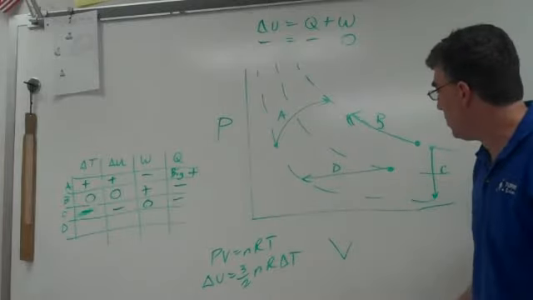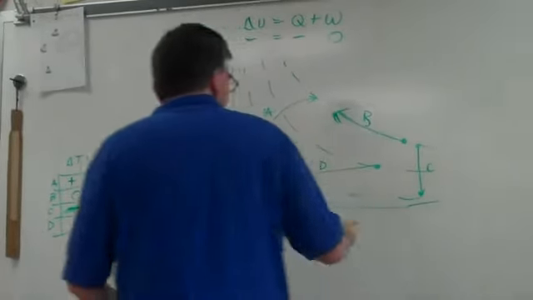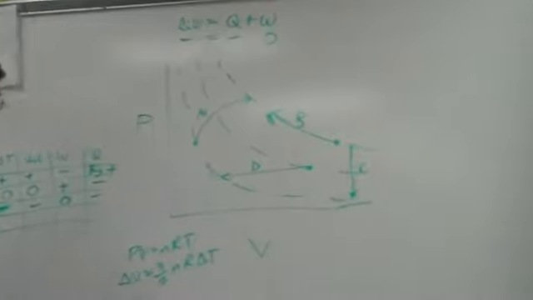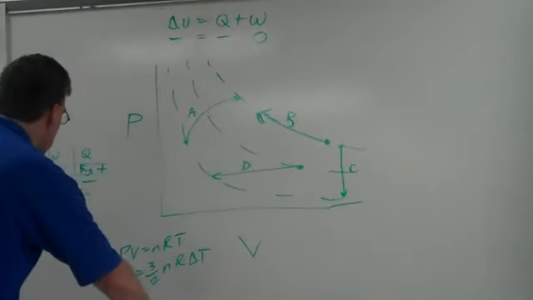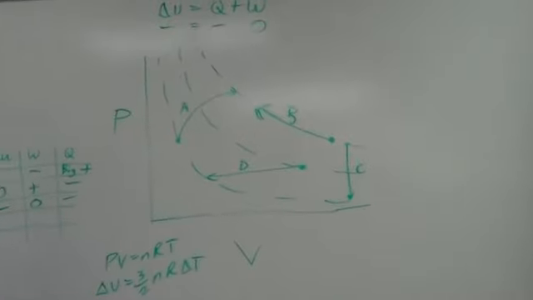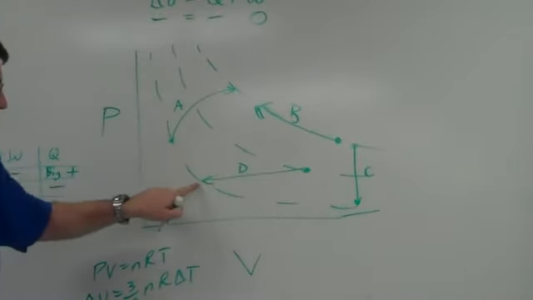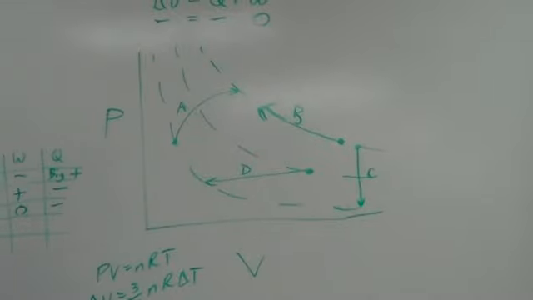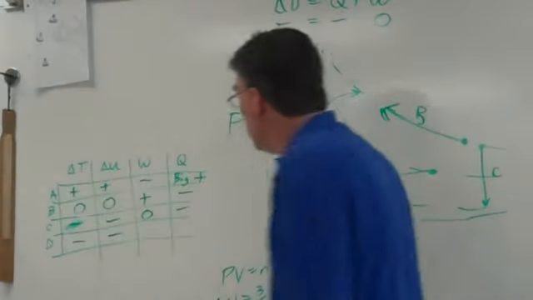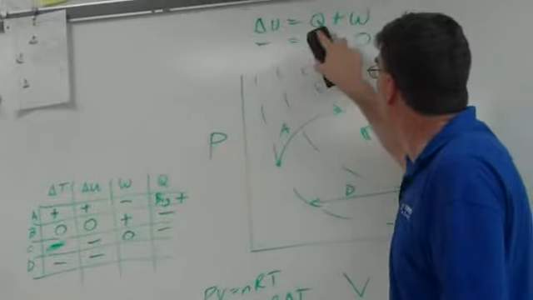Now let's go to D. Now we're on a, what's that word if the pressure is the same? Isobar. So I'm on D, and I'm going from a higher isotherm to a lower temperature isotherm. So my delta T is negative, which means my delta U is negative.